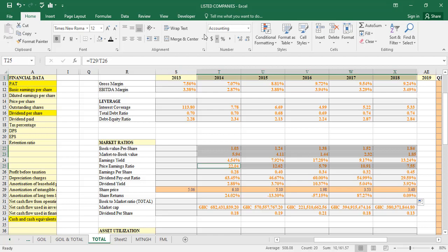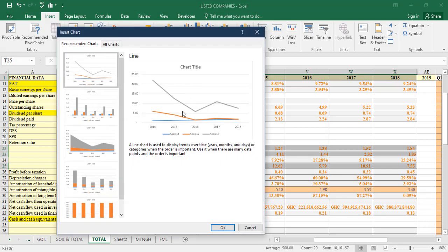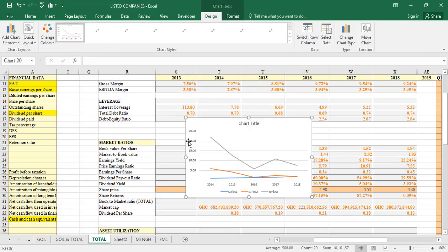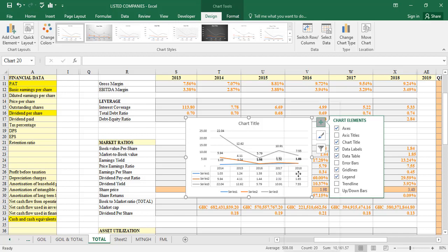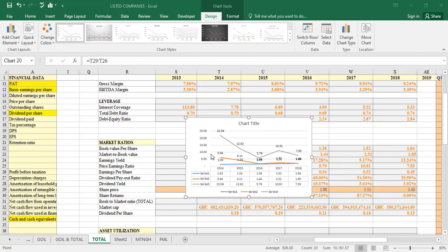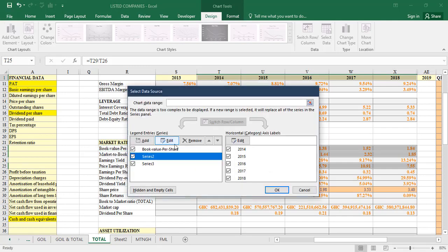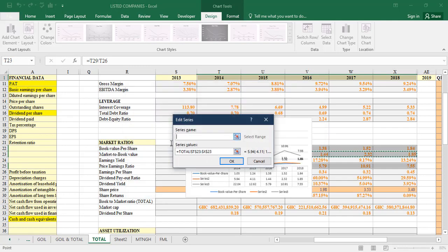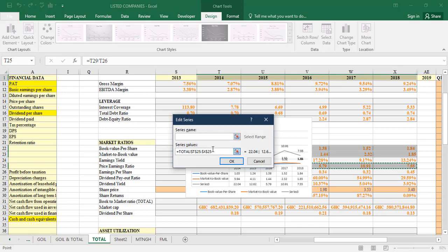Yes, so let's insert our chart and see how the company has performed throughout the years that we are reviewing. We have the data labels, so we change our chart, select data. The first one is the book value per share, then the market to book, which is a comparison of the market price to the book value, then we have the PE ratio.